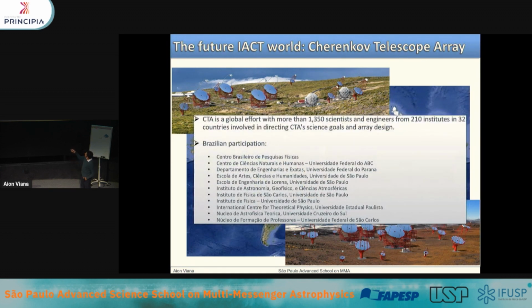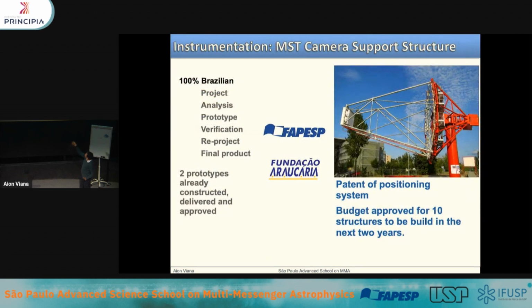Now, it's a global effort of more than 1,300 scientists, 210 institutes, and more than 32 countries involved. There is a very strong Brazilian participation, with lots of institutes here in Brazil participating in CTA, in the initial science perspectives, design, construction, etc. In particular, let me draw your attention to the fact that we also contribute to the instrumentation of CTA here in Brazil. It's a 100% Brazilian project that built the support structure of the MST, the medium-sized telescope camera.